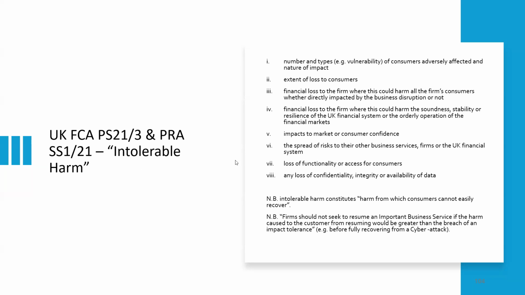If we're a retail bank, for example, and a severe disruption could cause our consumers to lose their entire pension or their entire savings, whereas the Financial Services Compensation Scheme only offers compensation up to a limited amount, if the consumers were to be at risk of losing over the FSCS compensation cap, then that would be intolerable harm to the consumers or the clients of that bank.